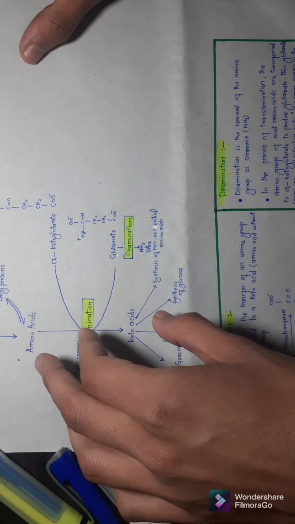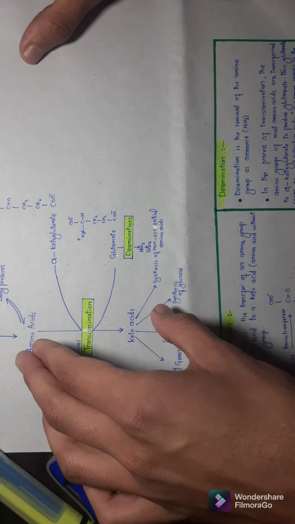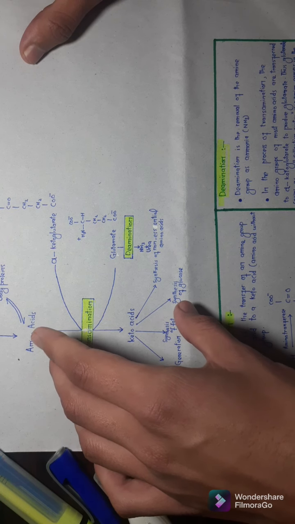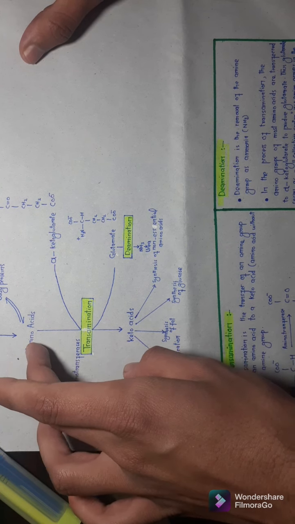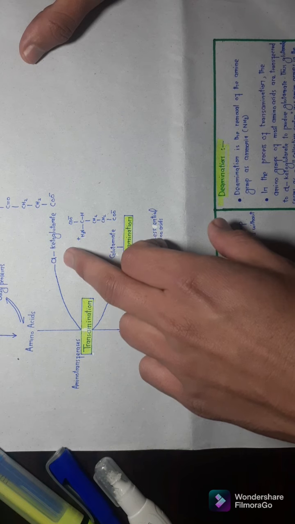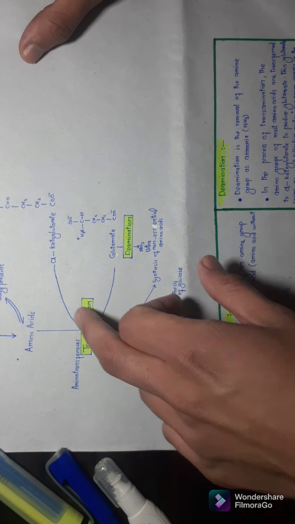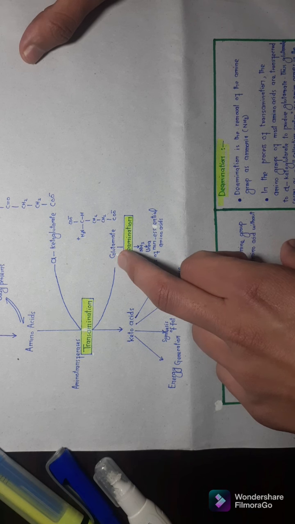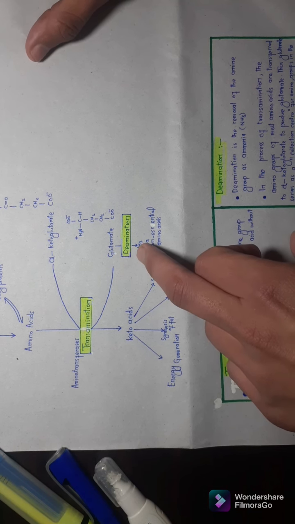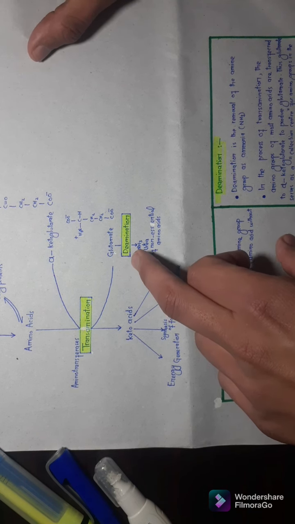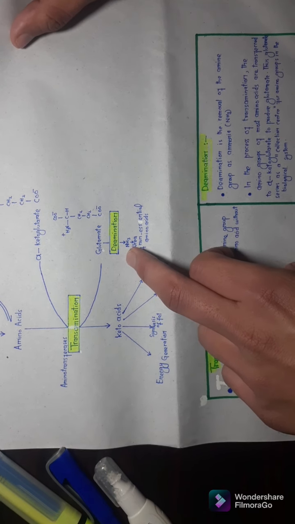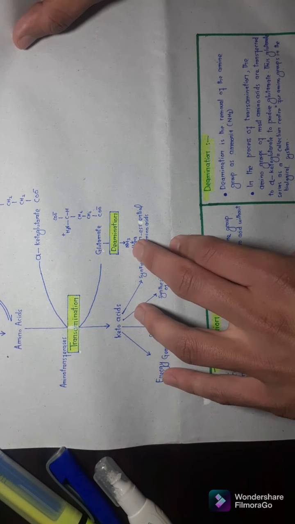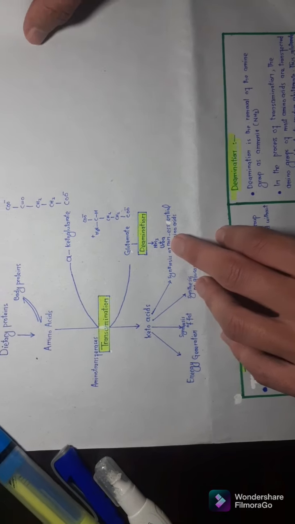In the process of transamination, the amino group of most amino acids is transferred to the alpha ketoglutarate. Okay, so they form glutamate, and this glutamate serves as a collection center for amino groups. Okay. So glutamate undergoes deamination to liberate free NH3 for urea synthesis.